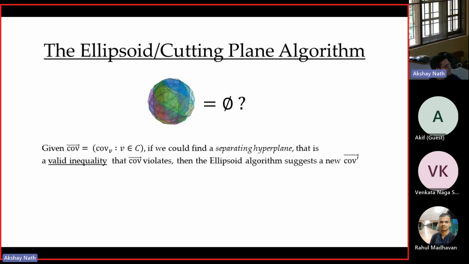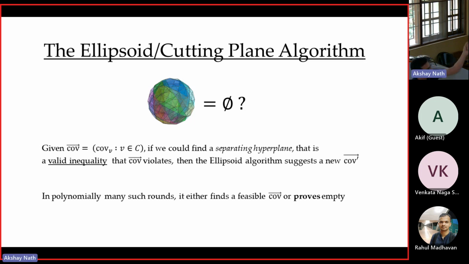More precisely, given a curve v, if you can find a separating hyperplane, this algorithm finds you a different curve v prime. But the idea is that if you keep asking this with the new curve, whether I am in this polytope or a separating hyperplane, if you do this polynomially many times in the dimension, either you'll find something in it, or you'll prove that it is empty. And empty in this case means my guess is too small.